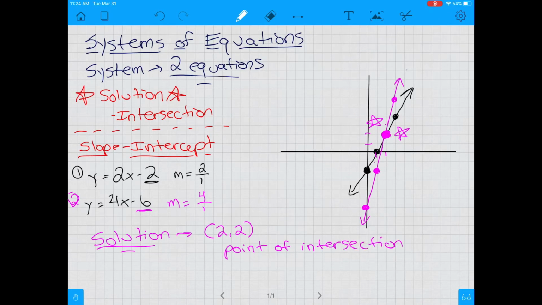In slope-intercept form, I don't think that's too bad. I'm going to graph both lines and figure out where they intersect.